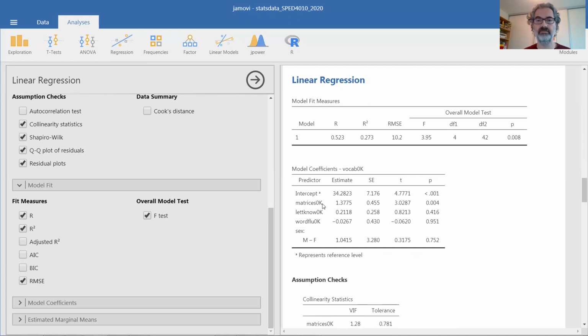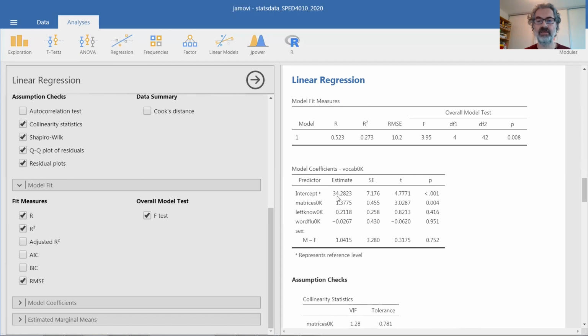Put in another way, the predicted difference for kindergarten vocabulary for two children who have the same sex, equal word fluency, equal letter knowledge, and differ in the matrices test by 1 point, these two children are predicted to differ in vocabulary by 1.4 points. So that's exactly the same thing that, as we said before, phrased differently. That's the meaning of the slope.